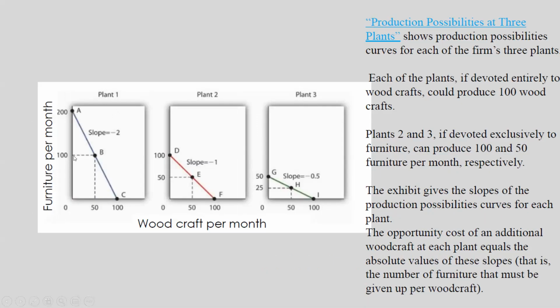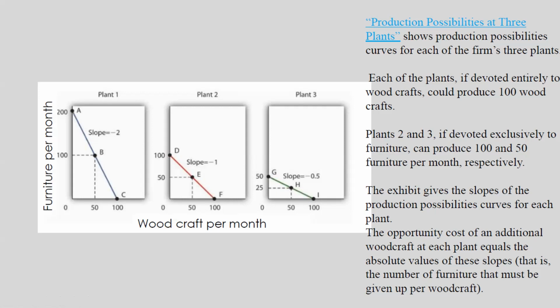Now we are drawing the curve for plant number 1, plant number 2, and plant number 3 separately. All three plants can be utilized to produce both furniture and woodcraft. Therefore, we will have the same sort of negative slope for all three plants. The only thing is the intensity of the slope may be different based on the plant size.